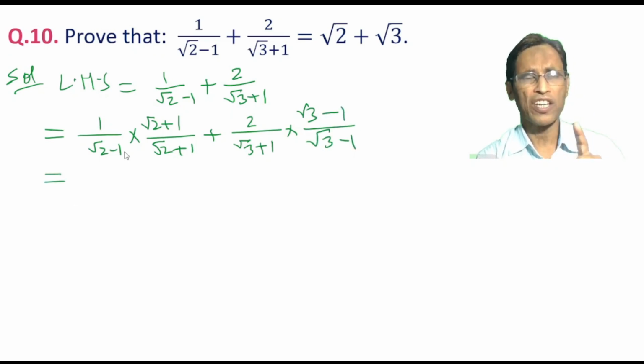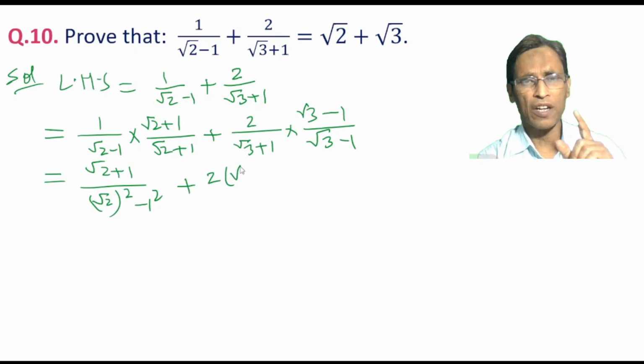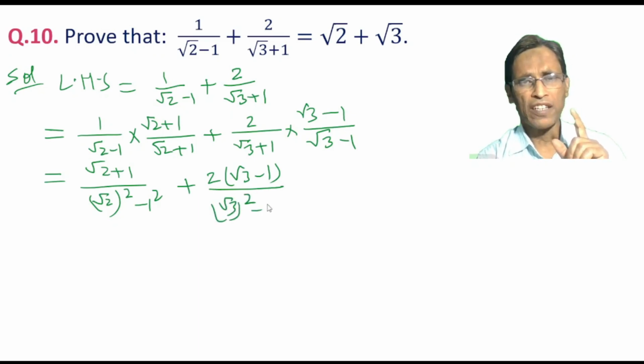In multiplication, the product of numerators comes root 2 plus 1 and the product of denominators comes root 2 square minus 1 square. For the second term, the product of numerators comes 2 times under root 3 minus 1 by under root 3 square minus 1 square.